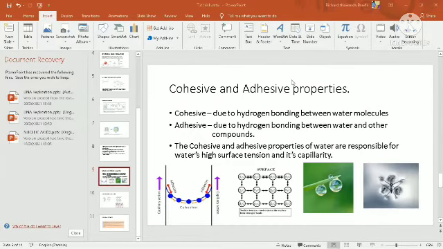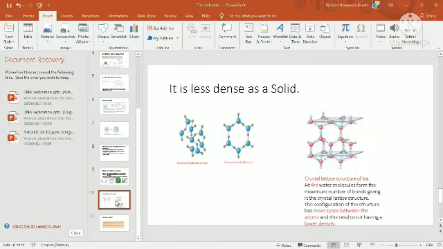This brings us to our last property for this discussion, which is that water is less dense as a solid. The change in density of water from its density as a liquid to its density as a solid can be attributed to the change in the water structure.